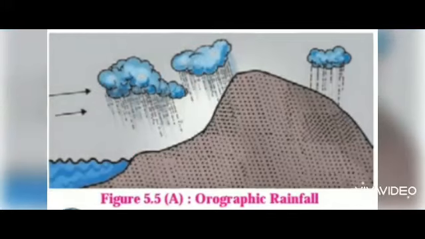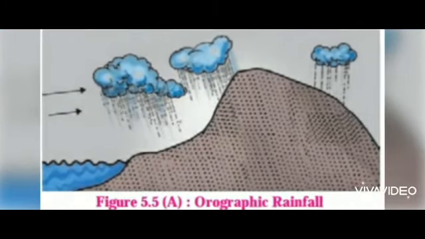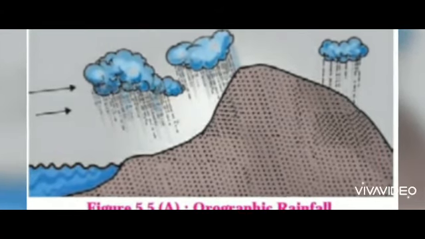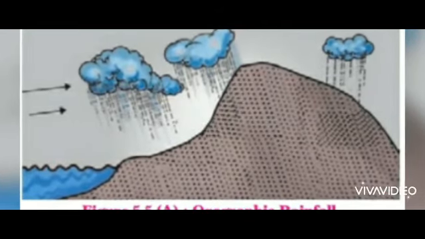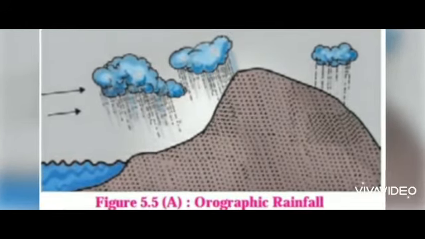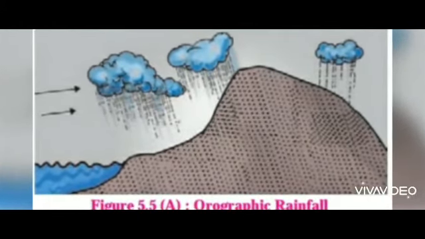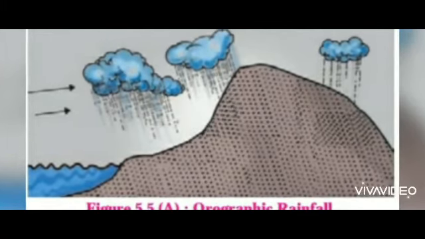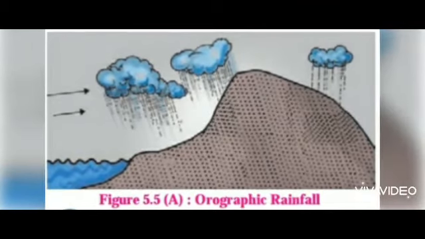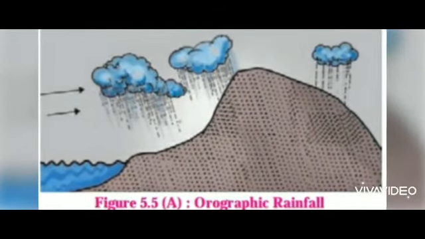When the phenomenon of rainfall occurs due to obstruction of mountains, it is called orographic rainfall. Moist air coming from the lakes or the seas is obstructed by high mountain ranges. Such winds start moving upwards along the slope of the mountain, and then the temperature of such winds drops with the height. Condensation takes place and formation of water droplets. Rainfall takes place.